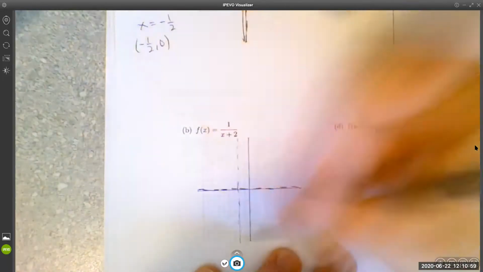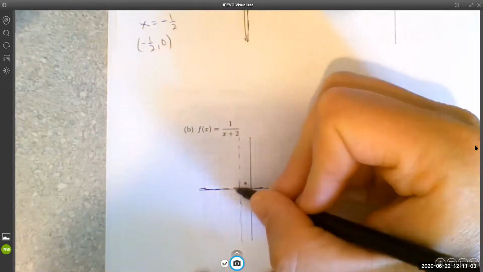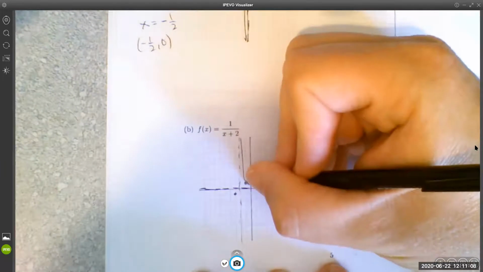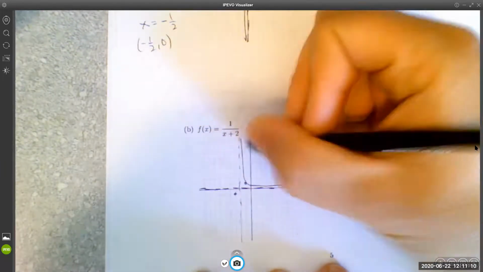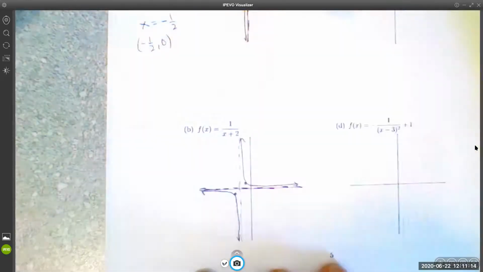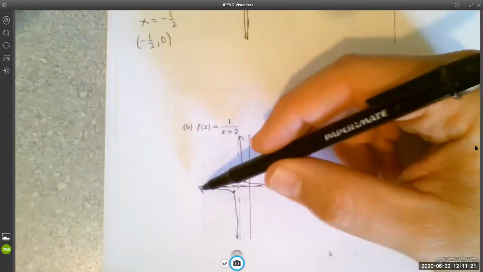And now this is my new axis system. Again, I've got the point 1, 1, -1, -1, and that's what my function looks like, more or less. This time I have no x-intercept, right?